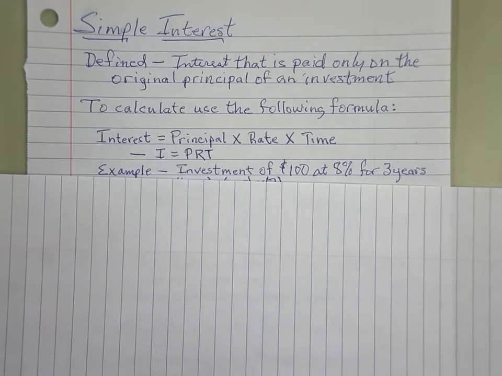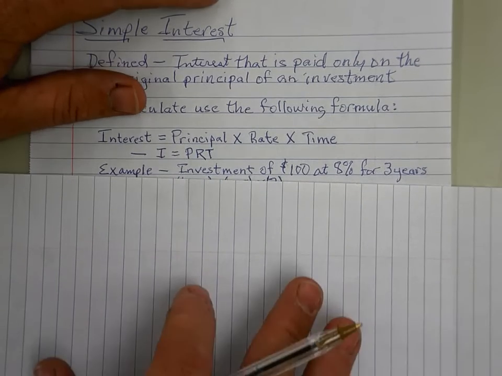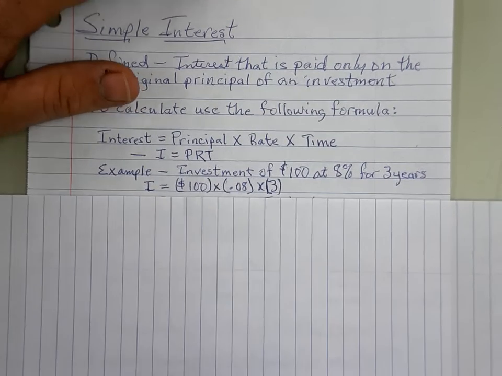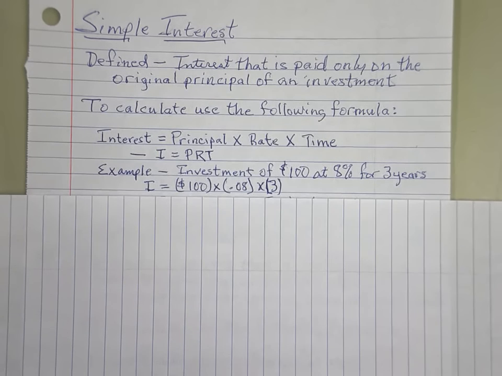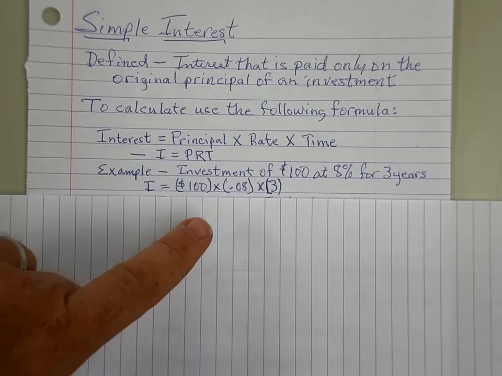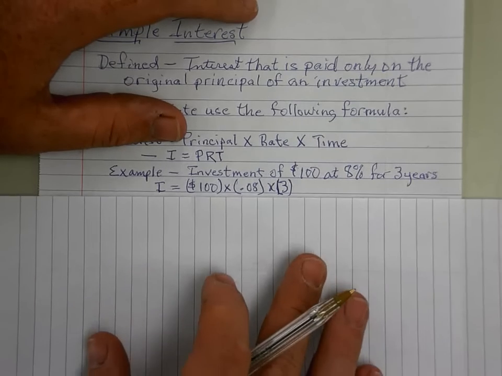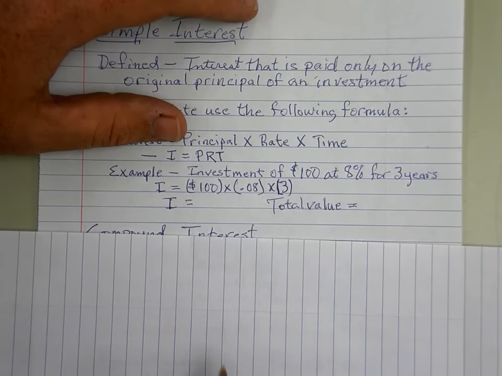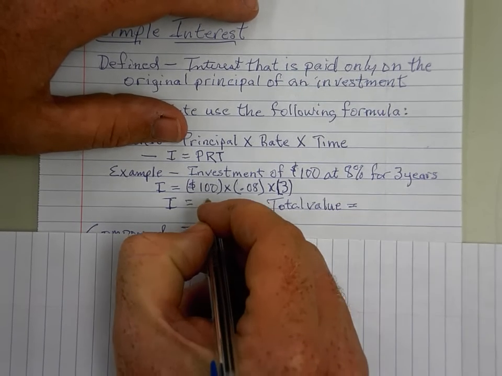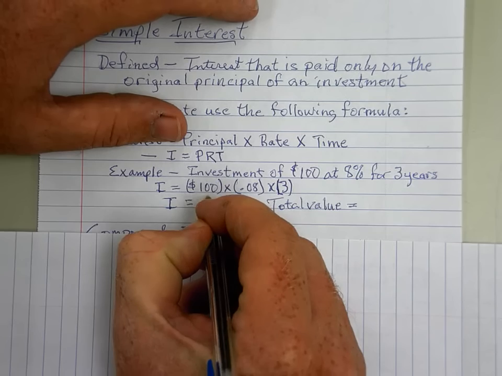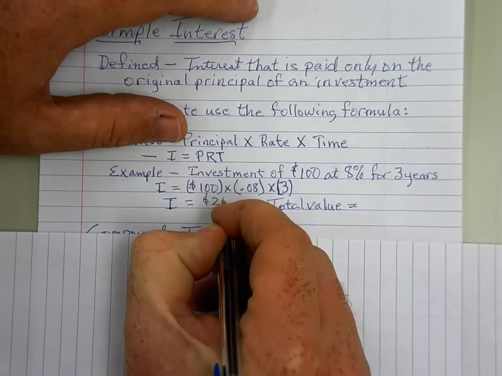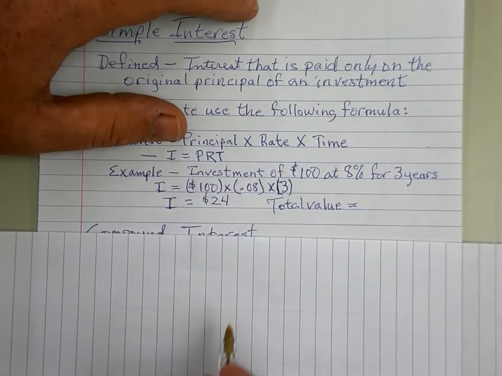If you invest $100 at 8% for 3 years, let's plug in those numbers. So you see there you have $100, you have it at 8%, which is indicated by the 0.08, and then 3 years investment. So to calculate this out, what we would do is multiply those together, and we would find that we would earn a total of $24 interest.